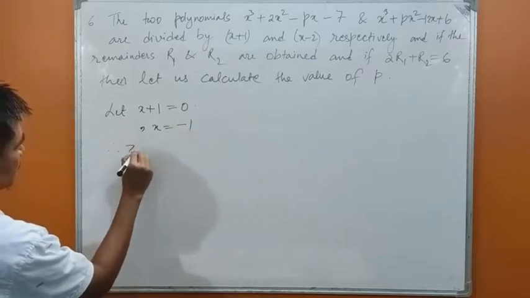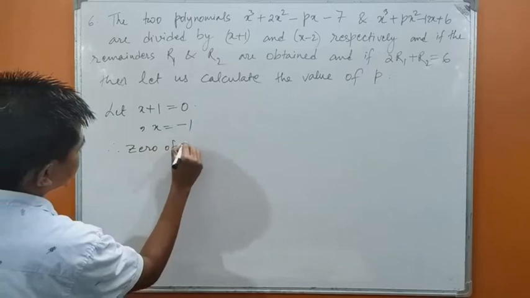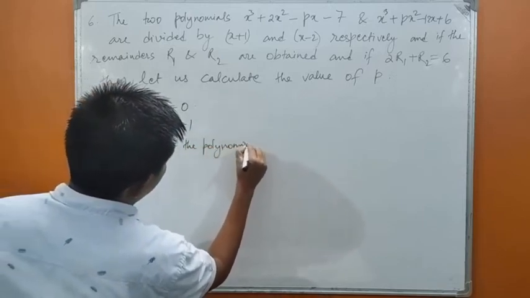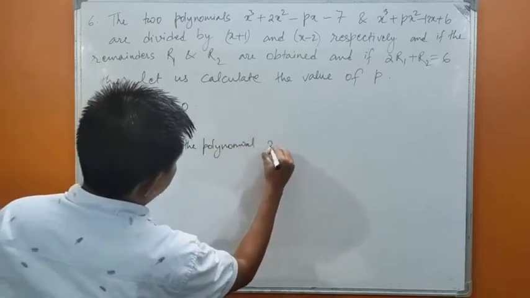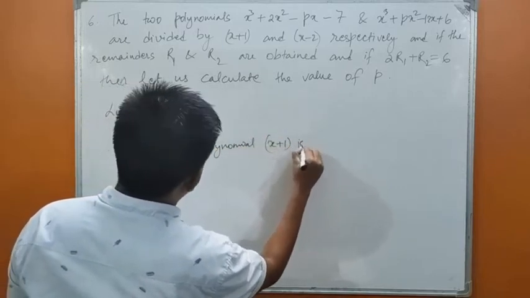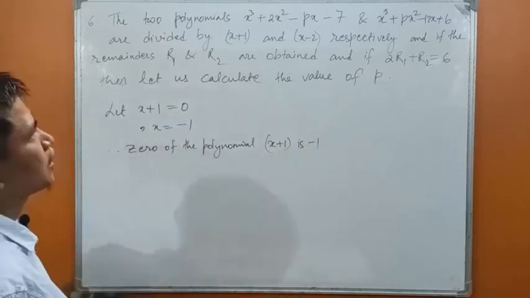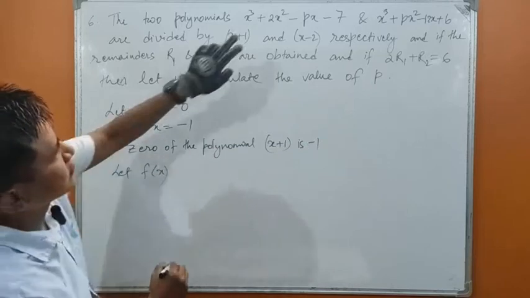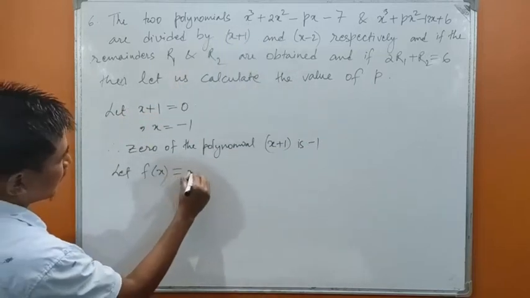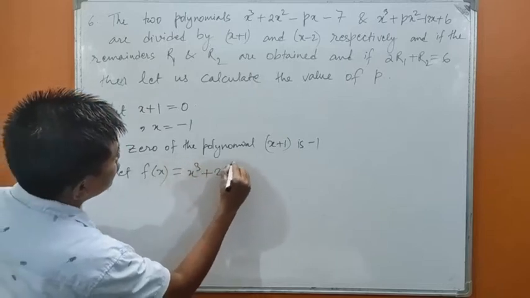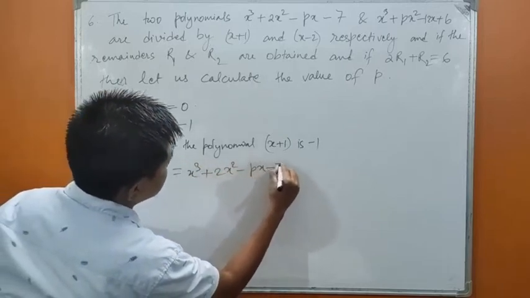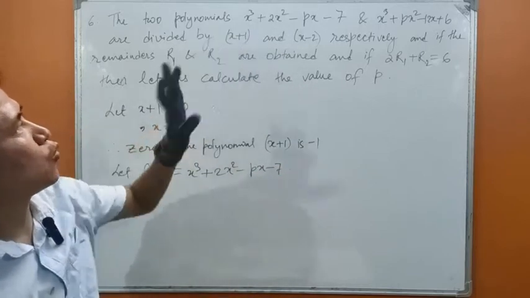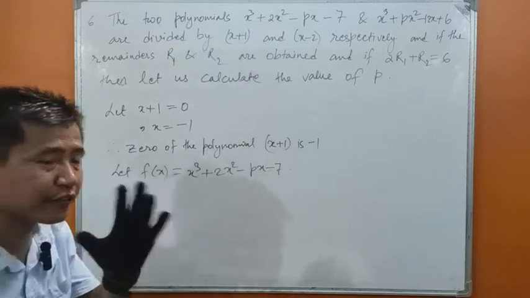Therefore the zero of the polynomial x plus 1 is minus 1, isn't it? So let f(x) equal this expression, x cube plus 2x square minus px minus 7. When this expression is divided by x plus 1, what will be the remainder? We are finding the remainder.